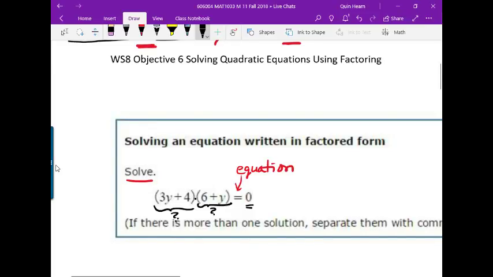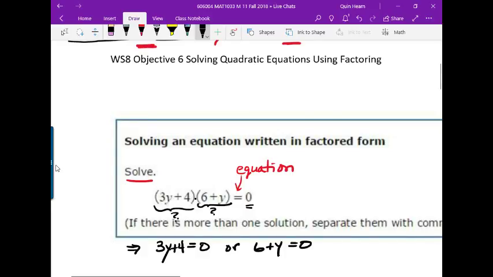So we know from experience that the only way you can multiply two mystery numbers together and get 0 is if one of them happened to be 0. So what we can conclude is that the only way that can happen is if either 3y plus 4 were 0 or 6 plus y were equal to 0.